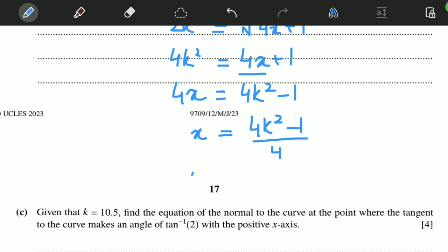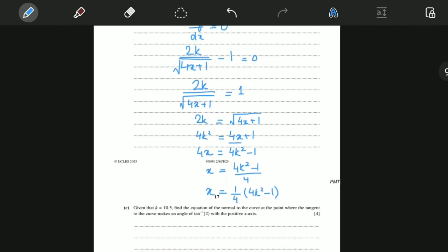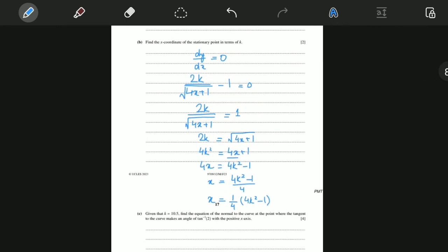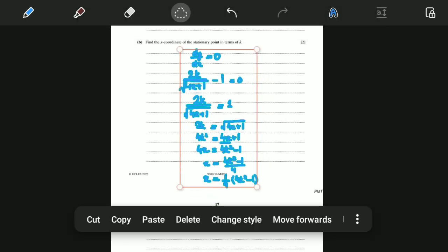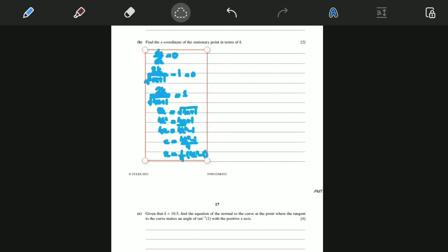Or you can write it x equals 1 by 4 times 4k square minus 1, or k square minus 1 by 4, whatever way you can arrange it, it's not a big issue. Okay, so this is it.